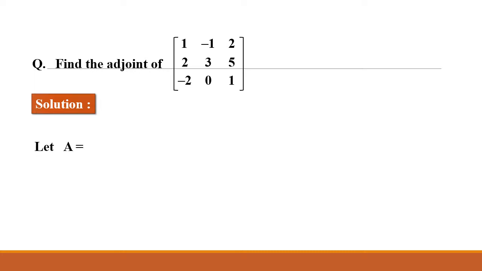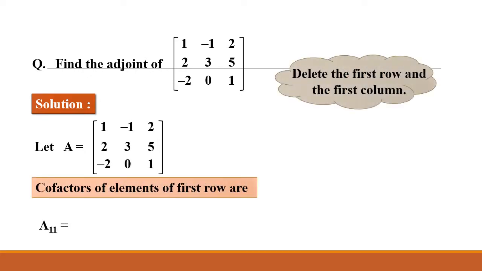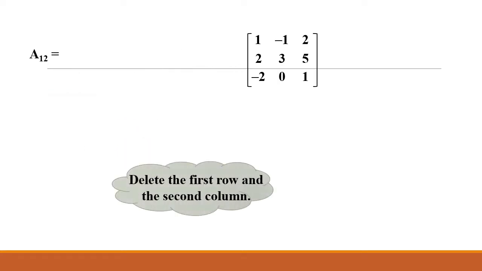First, to calculate the adjoint, we need to calculate the cofactor of each element. The cofactor of the first row elements: A11 equals the determinant [3, 5; 0, 1], so 3 minus 0, which is equal to 3. Next, A12.